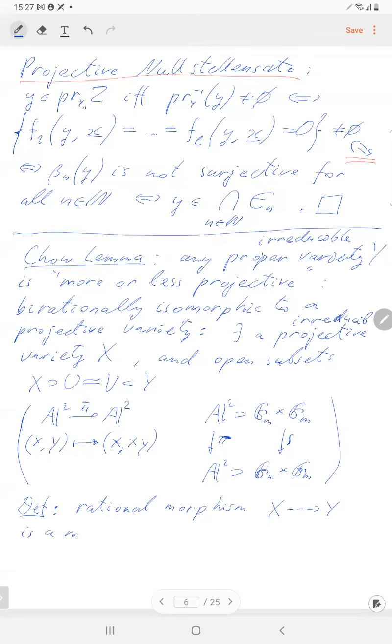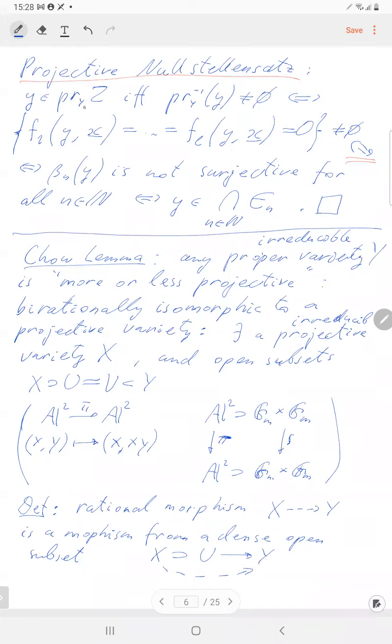It is a morphism from a dense open subset. So we have this X, inside we have U, a dense open subset, and there is a real morphism from U to Y, but then it extends as a rational morphism from X to Y. So you see that this dotted line does not have to be defined everywhere. It is only defined on some dense open subset. Okay.